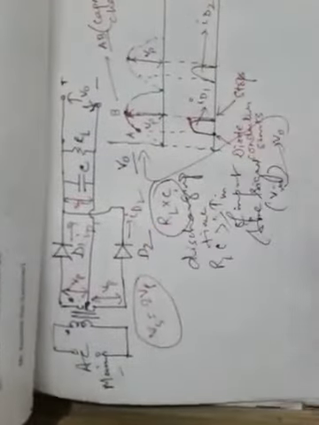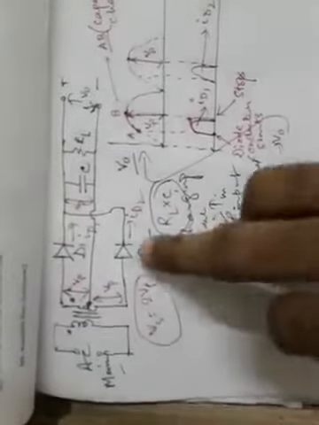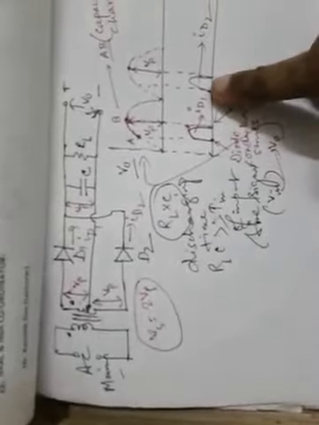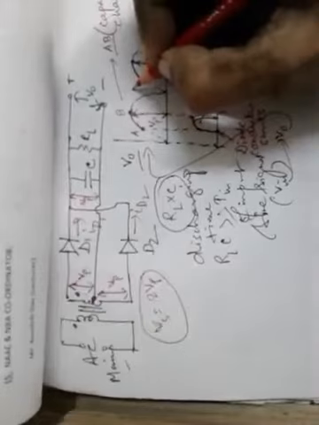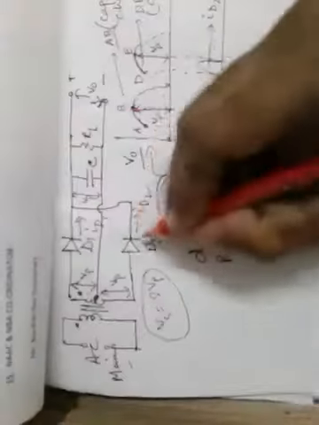In the second half cycle of the input signal, D2 will conduct, and once again we will get this ID2 diode current, and as a result, during this portion of the output voltage, suppose it is D and E, this peak point is E. So during DE, once again the capacitor will charge because of the conduction by the diode D2.